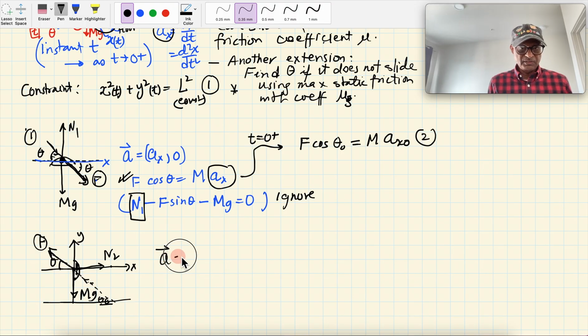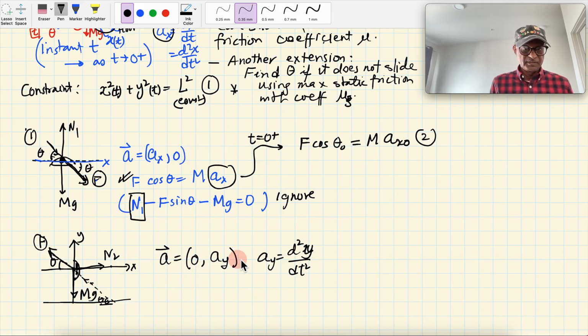The acceleration vector for this block: x direction is 0, y direction we're calling ay, and ay will be d squared y over dt squared, by definition.